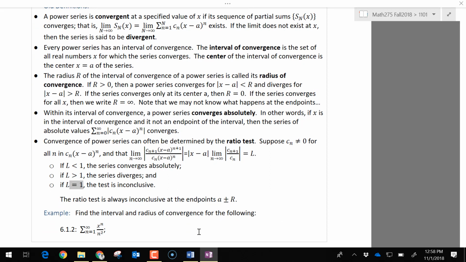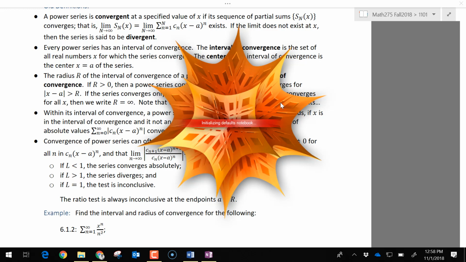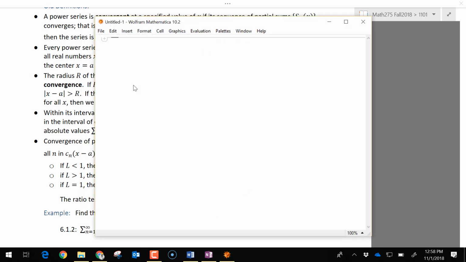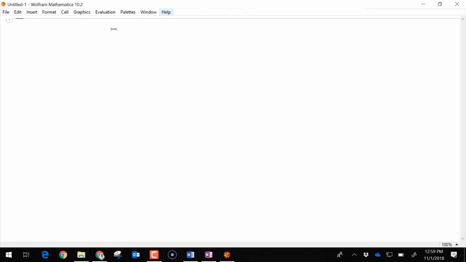So maybe we should take a look at some examples of power series. Let's do e to the x?